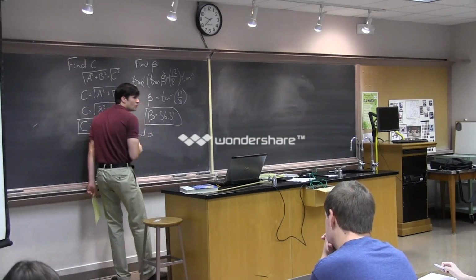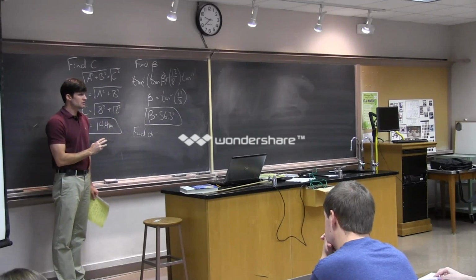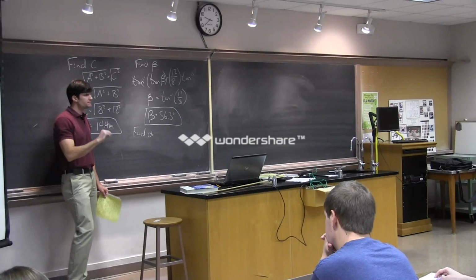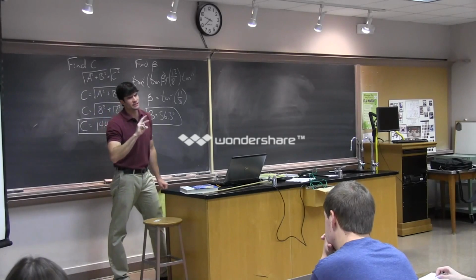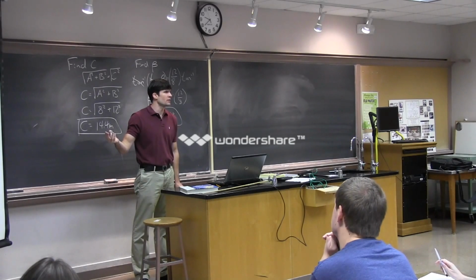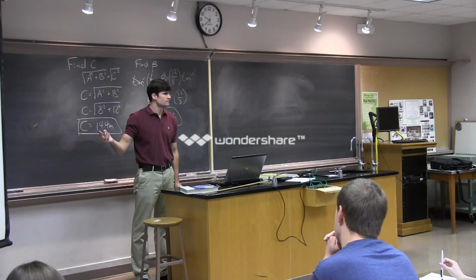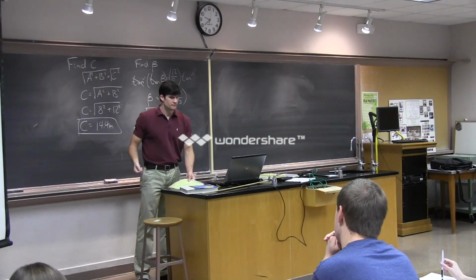Now, to find angle alpha, we could do the same exact thing. Just for angle alpha, what is opposite and what is adjacent is reversed. Does that make sense? But there's an easier way. What other property of triangles can we use to find alpha? Yeah.